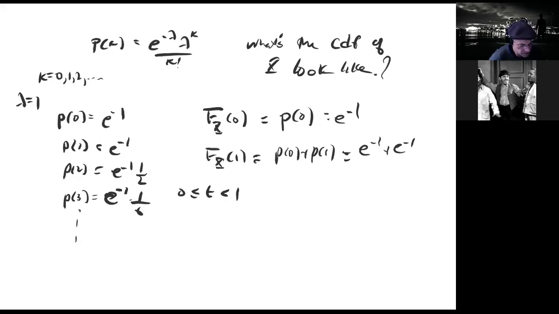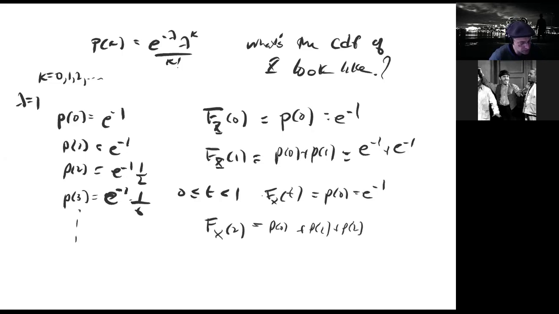then there are no values of the PMF between 0 and 1. So you're going to get f sub x of t in this case is given by p of 0 still, which is e to the minus 1. And similar things occur. For example, we have f sub x of 2 is p of 0 plus p of 1 plus p of 2, which we could add up, the first three.